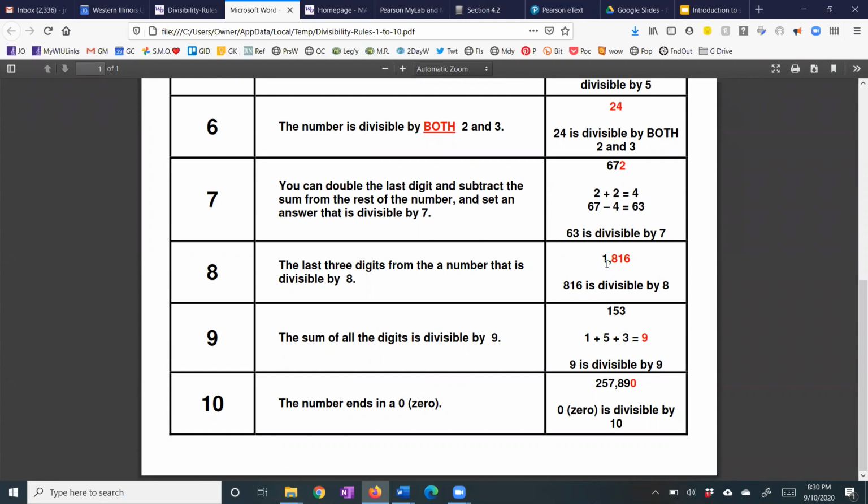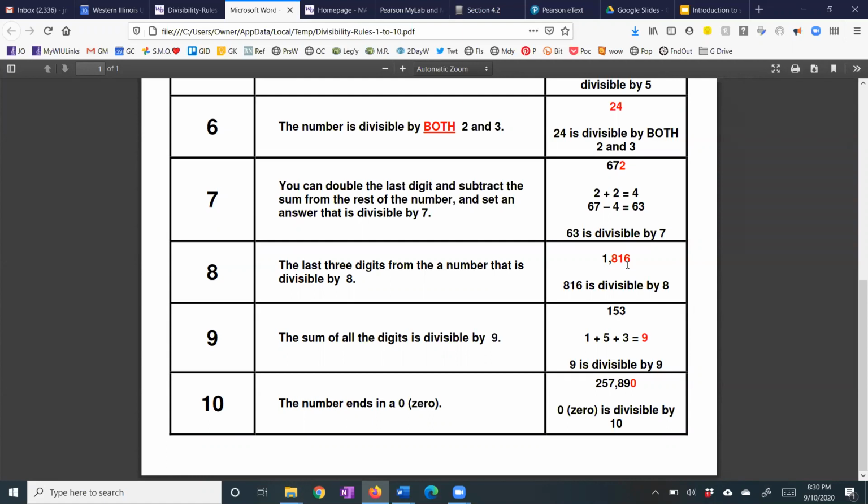In our example, we have 1,816. 816 is divisible by 8. Therefore, 1,816 is divisible by 8. These divisibility tests give us a way of easily determining if a number divides into the number without doing the long division.